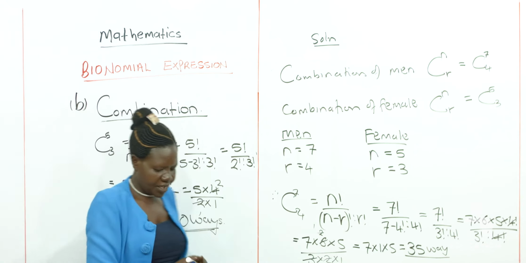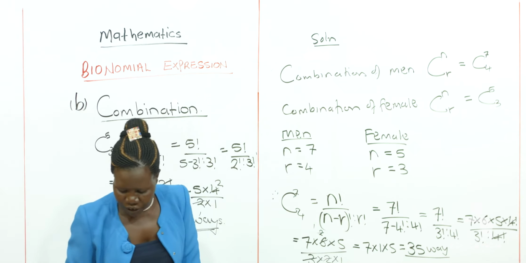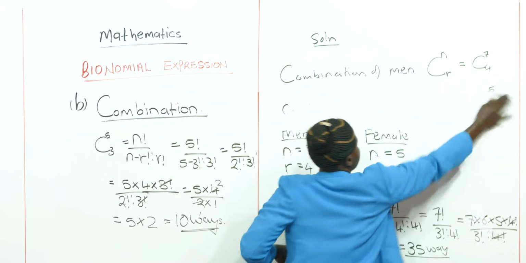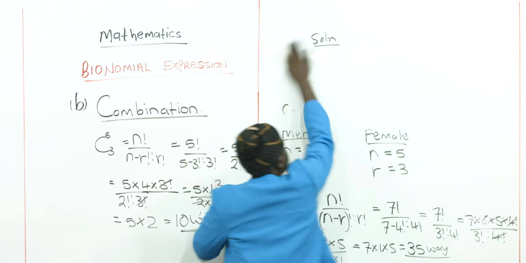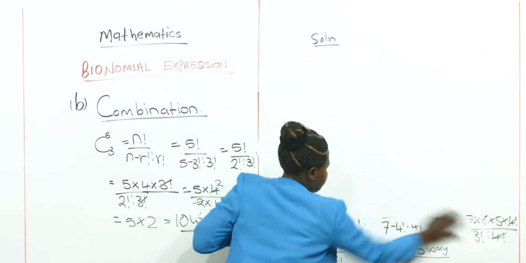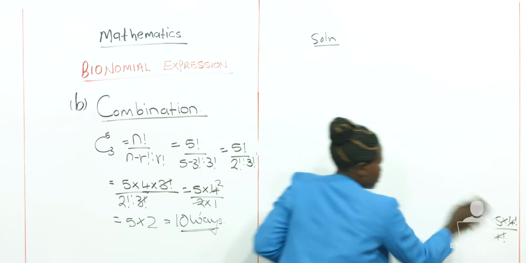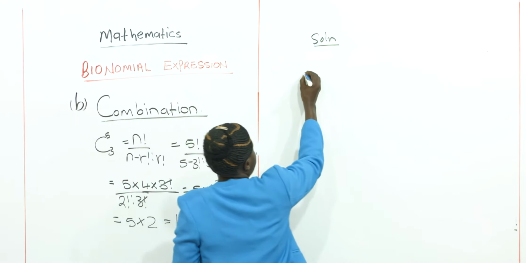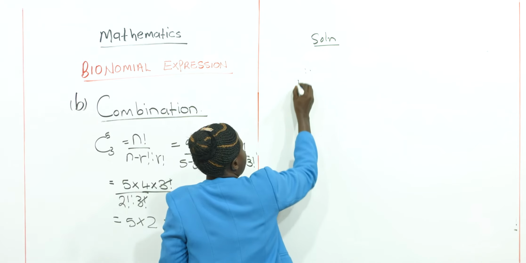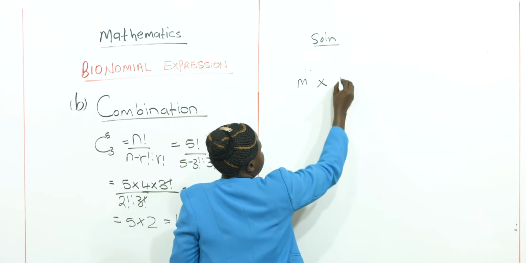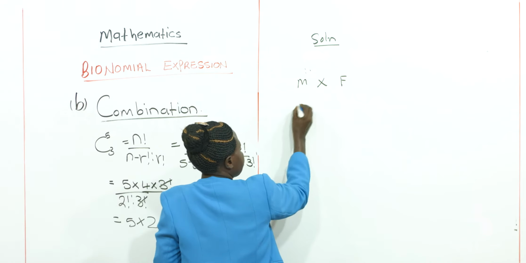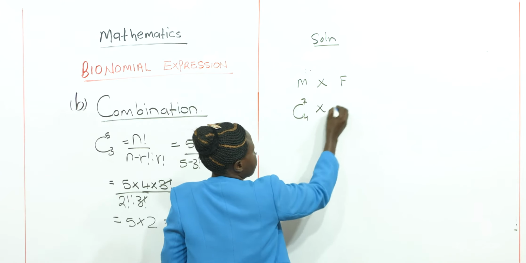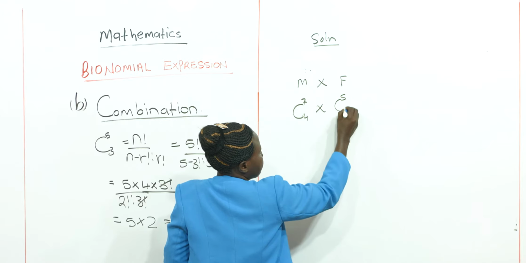So dear learners, after getting that, you know that this is a combination of a group of boys, a female and male all together. So you will now have your final answer as, therefore, we shall have men by female, and then men we have C raised to 7 by 4, and then times C raised to 5 by 3.